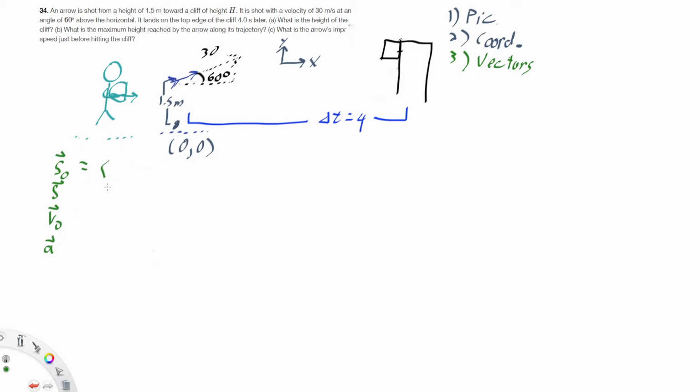Initial position we just defined as the point 0, 1.5. Final position we don't know. It's actually what we're looking for in part A.